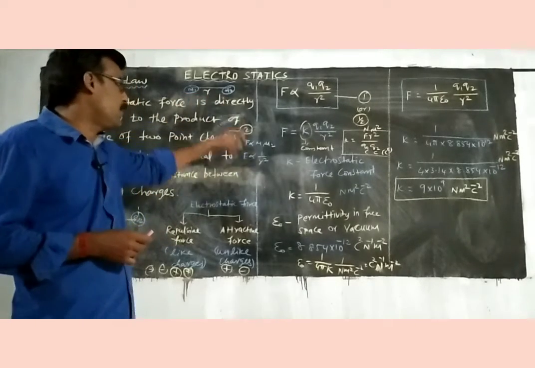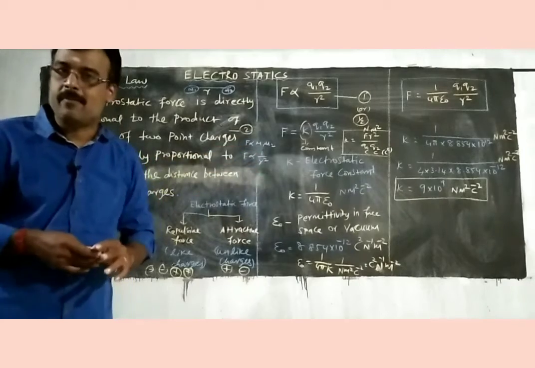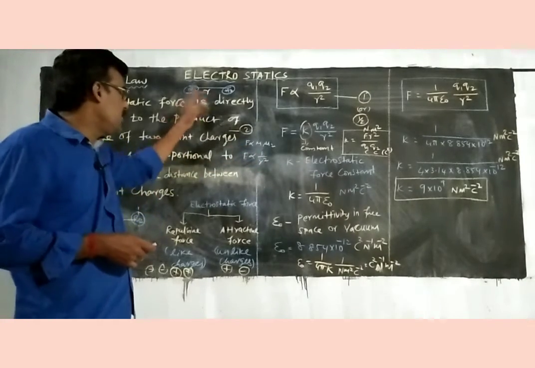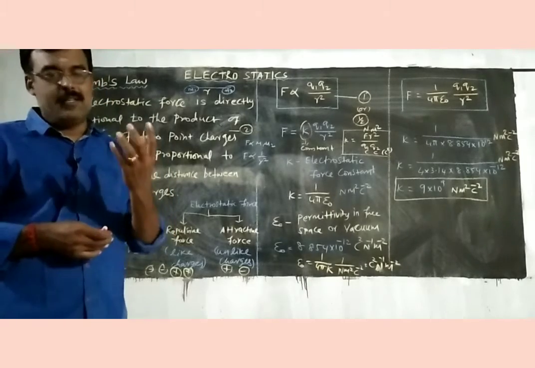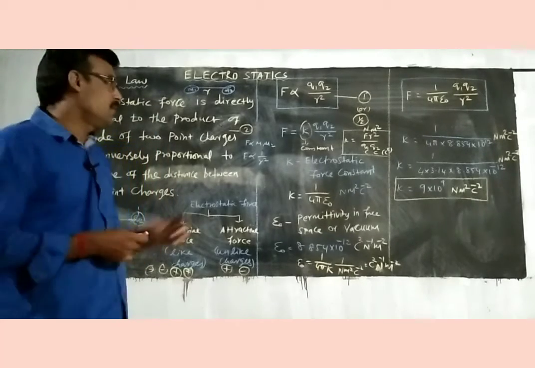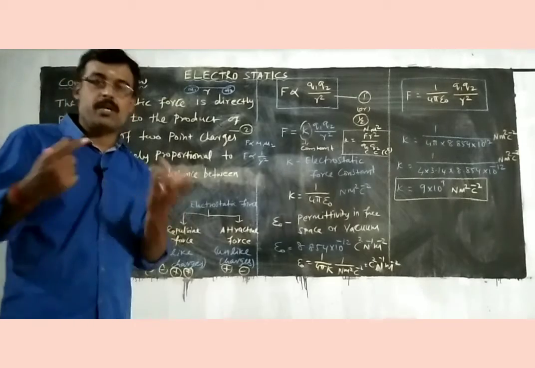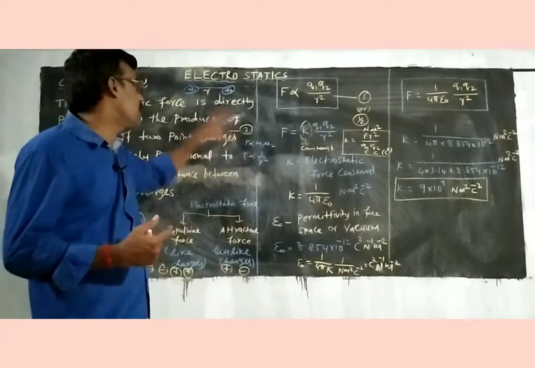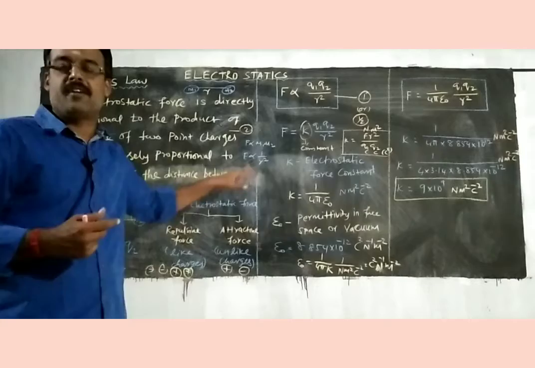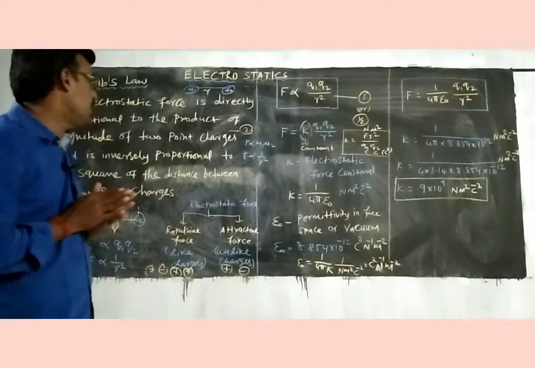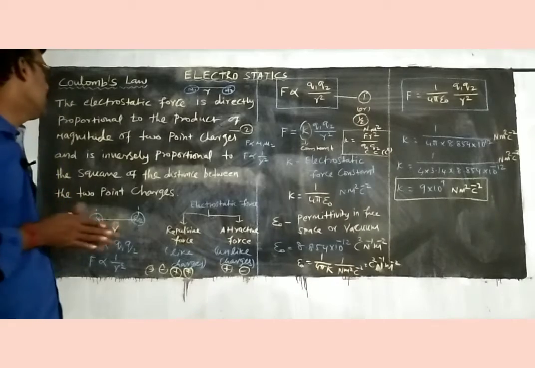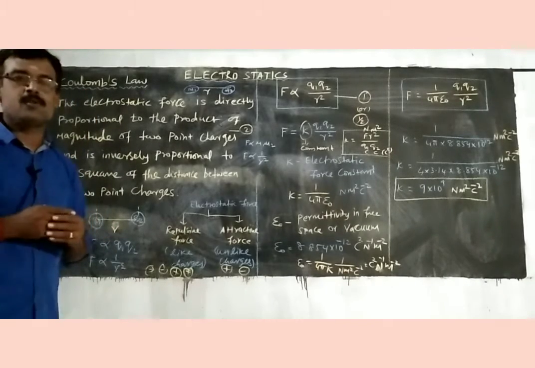Then between these two masses there is a distance of separation. The force is inversely proportional to the square of that distance of separation. In the same way, the scientist Coulomb developed a particular law that is called Coulomb's law.